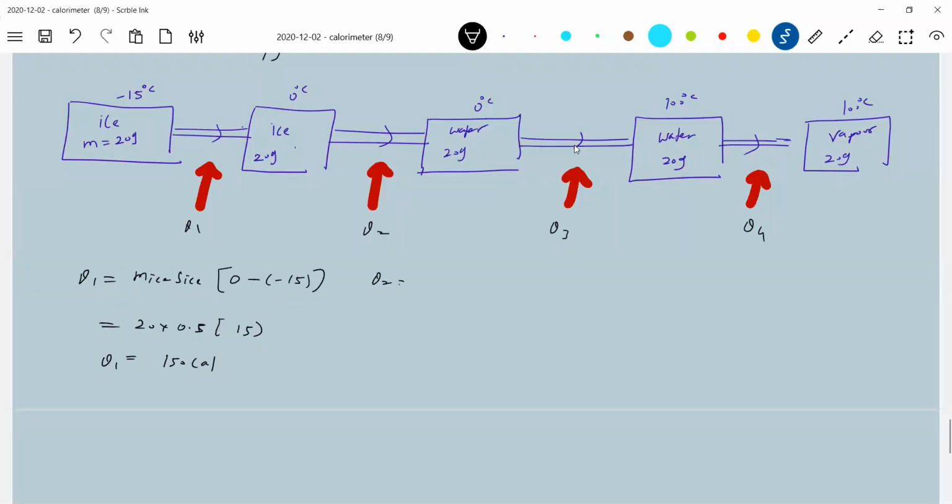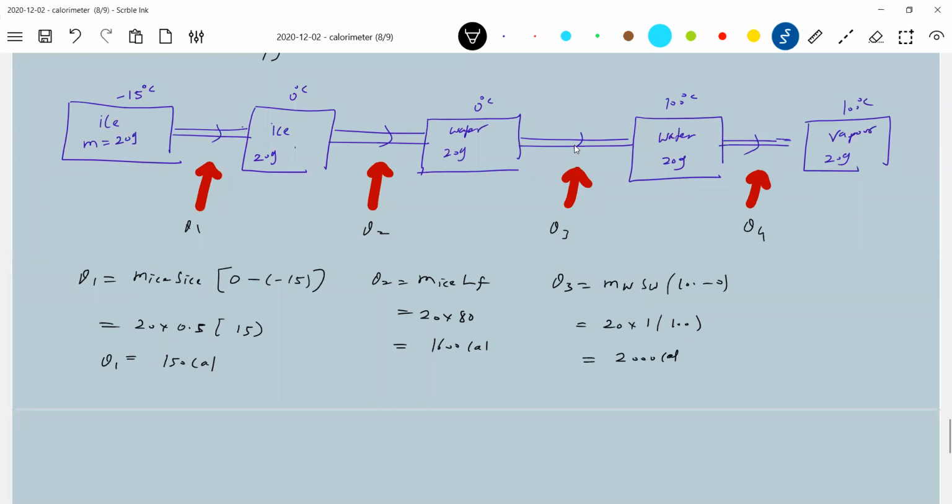Then Q2 equal to mass of ice into latent heat of fusion, 20 into 80, 1600 calories. Q3 equal to mass of water, specific heat of water, 100 minus 0. Mass of water is the same, 20. The specific heat of water is 1. This is 100, so this will be 2000 calories.